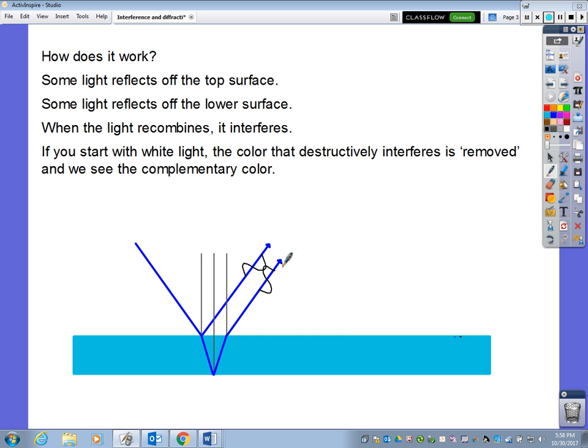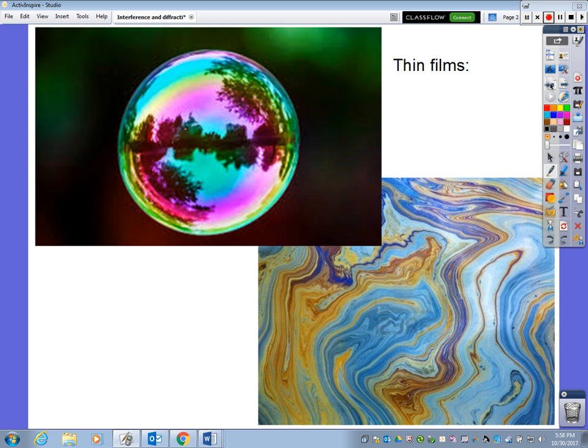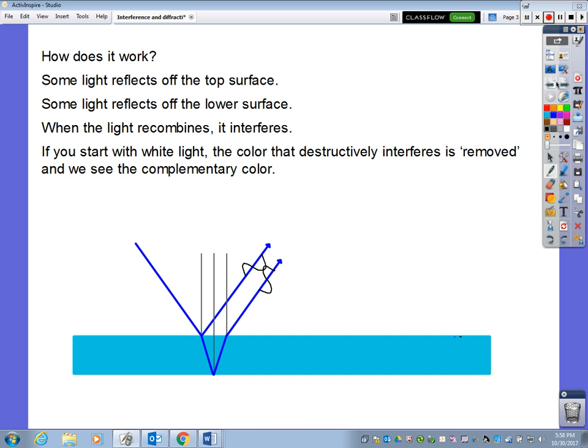Now, if the light comes in at a different angle, the path length through the film is a different length, so it'll cancel out a different color. That's why in our soap bubbles we see different colors in different areas. Also in our oil film, the different colors represent different thicknesses of oil on top of the water.